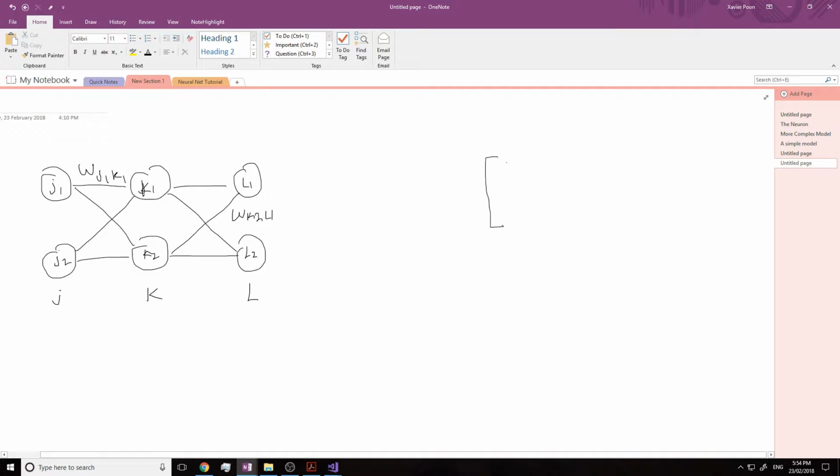We can write the first one as WJ1K1, but we can write that as W11, the first number corresponding to the row number, and the second number is the column. So this one would be the same row but the second column, and so on.